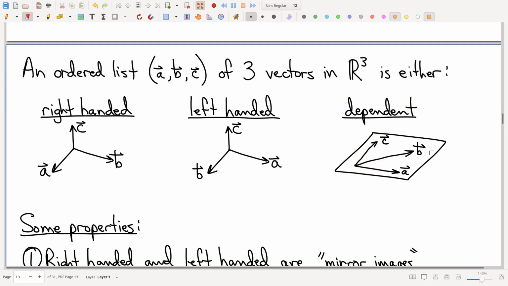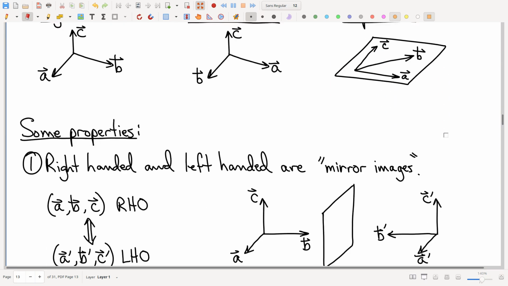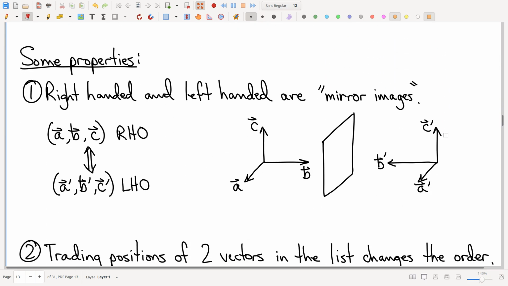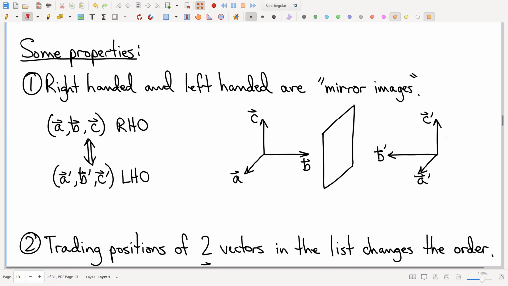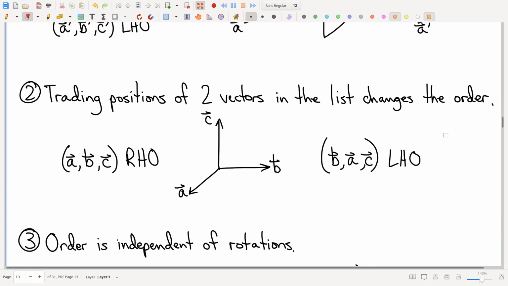Okay. All right. And again, this behaves just like clockwise, counterclockwise. Right and left hands are mirror images of each other. If you trade two of the vectors' positions, so if I put A where B was, and if I put B where A was, trading positions like that will turn a right-handed list into a left-handed list.